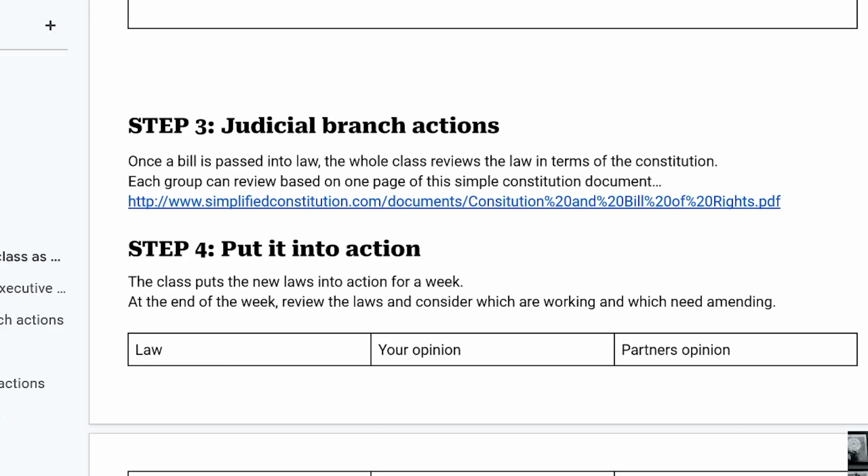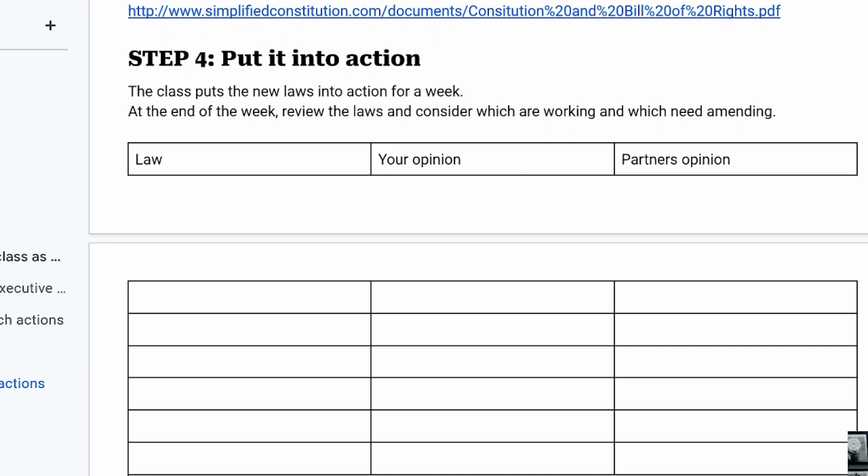The iCivics game is really good at doing that, actually. It brings up the clauses and the parts of the Constitution that a law may interact with negatively. So the game itself matches the clauses to the Constitution, whereas the students doing that themselves might be a little bit difficult.